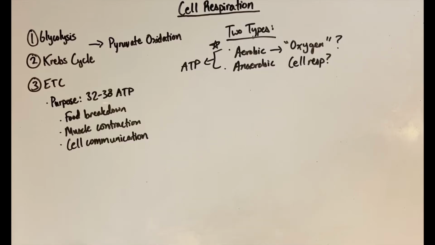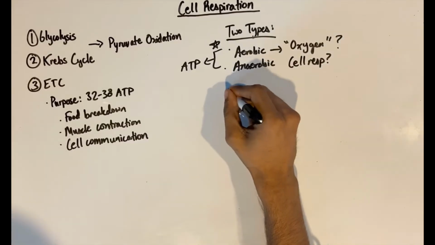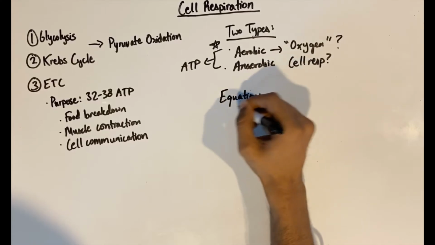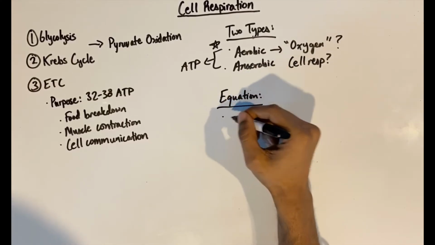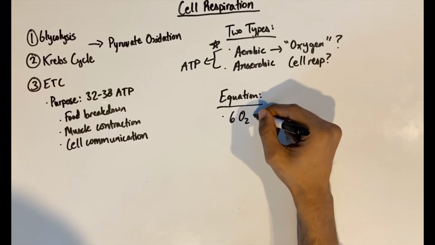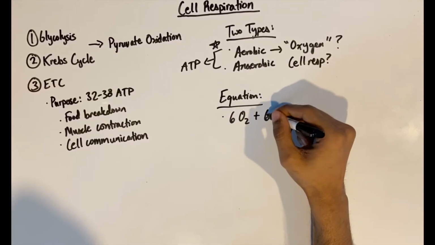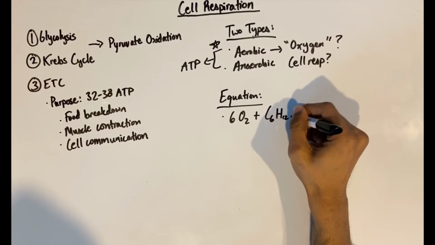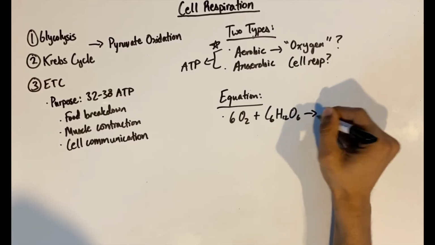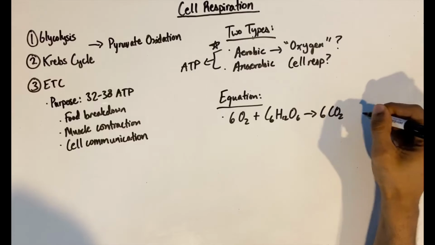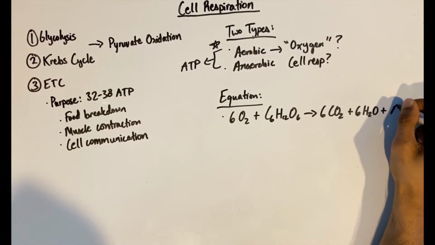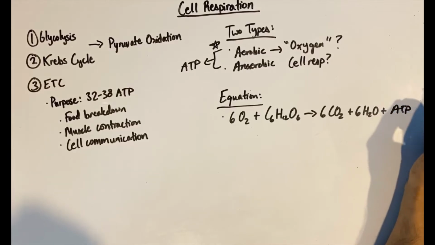And just before we get into the details, the key equation you must know to fully grasp and understand cellular respiration is 6O2 plus C6H12O6 yields 6CO2 plus 6H2O plus ATP.